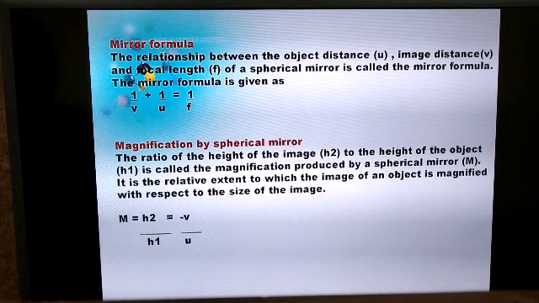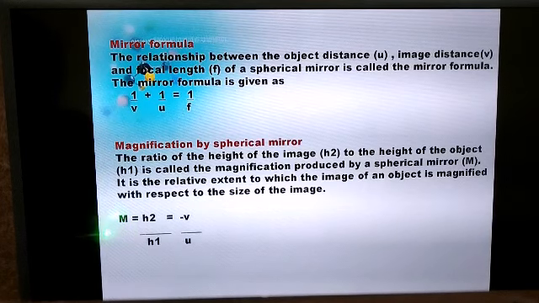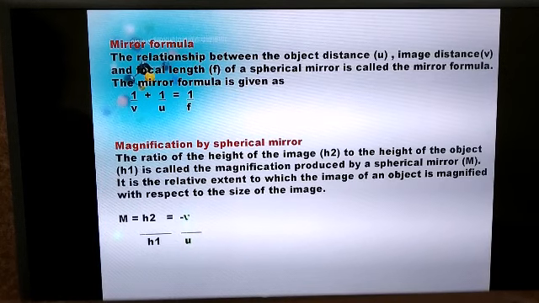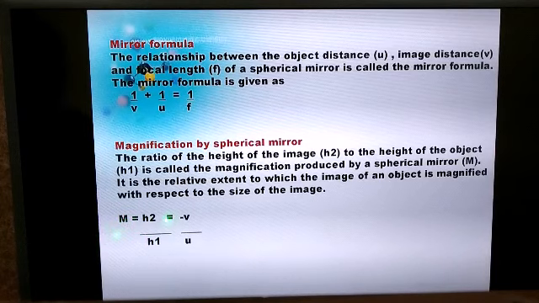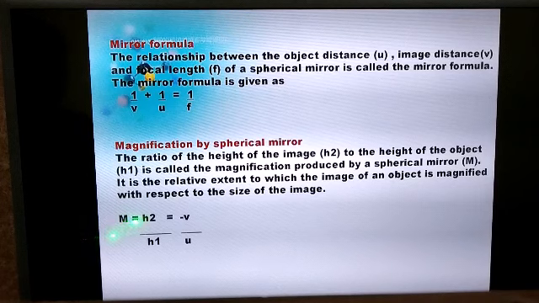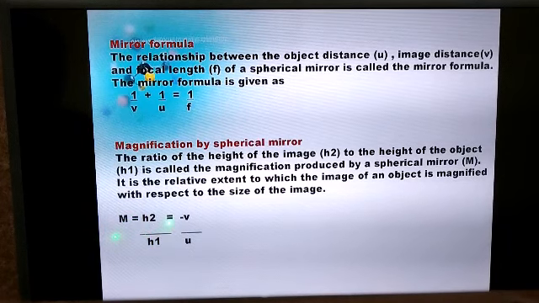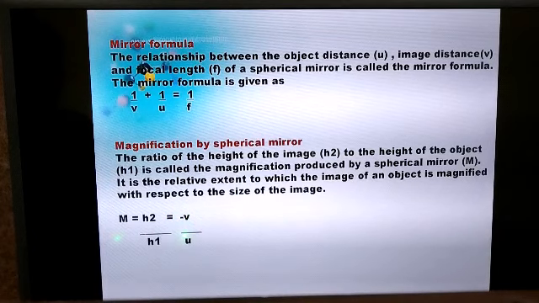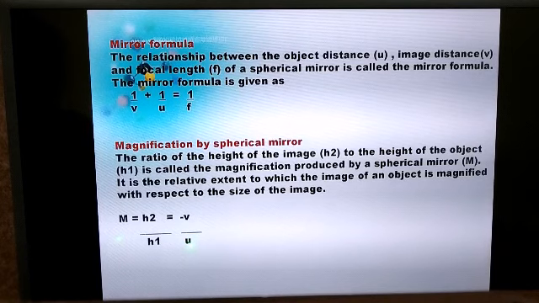Also, there is a relationship between magnification produced by a spherical mirror, the object distance U and the image distance V, which is given by the formula M is equal to minus V upon U. So, magnification we already know is equal to H2 upon H1, and magnification is also equal to the negative value of the image distance upon the positive value of the object distance.